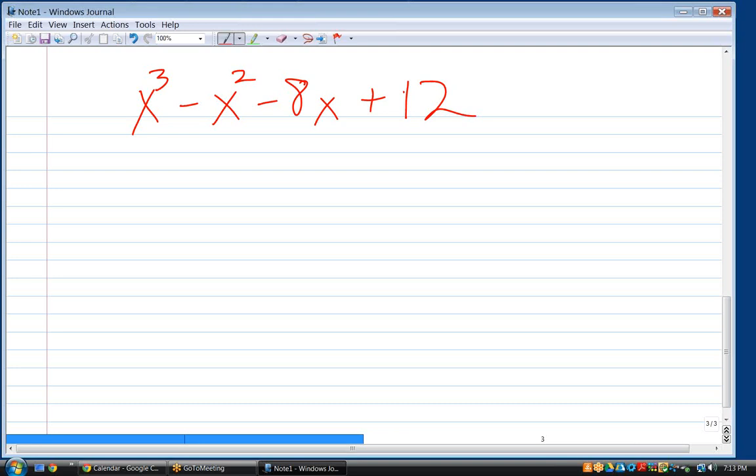So the rational factor theorem says that if there is a rational solution, its numerator must be a factor of 12, and its denominator must be a factor of 1, the coefficient of the x cubed term. Tell me all of the factors of 12. Plus or minus 1, plus or minus 2, plus or minus 3, plus or minus 4, plus or minus 6, plus or minus 12.